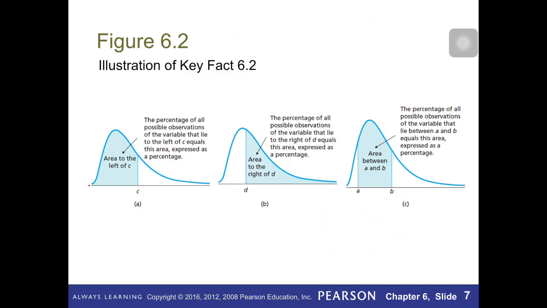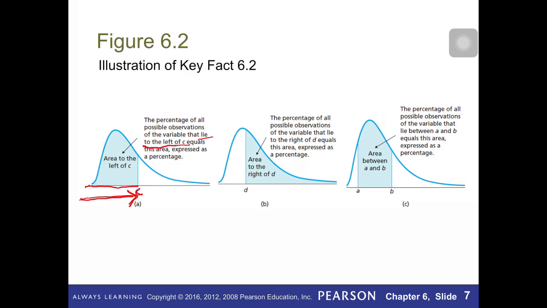If I consider the area from the left end to this point C, the percentage of all possible observations of the variable that lie to the left of C means the area from the left end to C. We can express this area as a percentage.